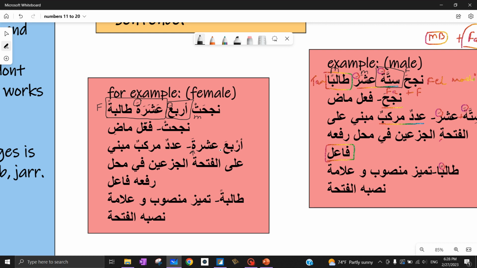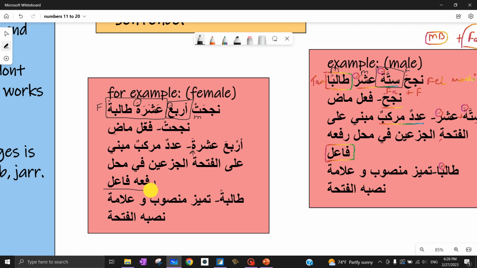So arba'a asharata adadun. Why is it arba'a? Because if the tamiz is female, you need to put the number male. So arba'a asharata adadun murakkabun, same I'rab, even though it is feminine, you need to do the same I'rab. Adadun murakkabun mabniyun ala al-fathi al-juz'ain fi mahal raf'in fa'il.